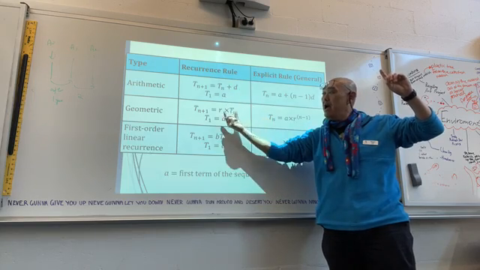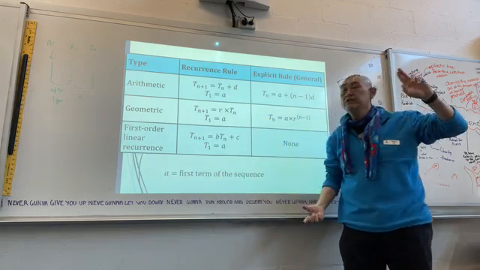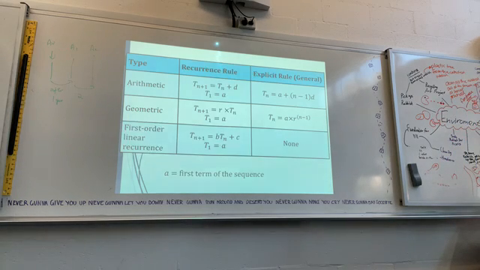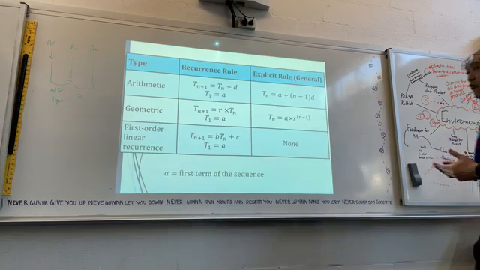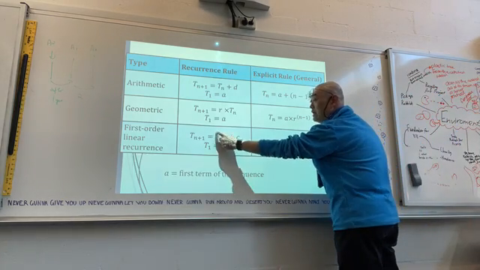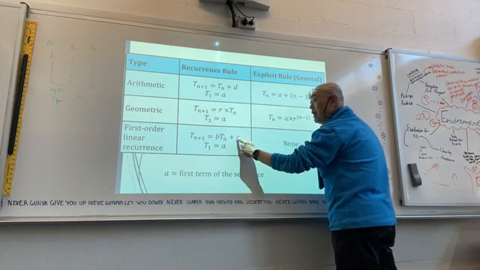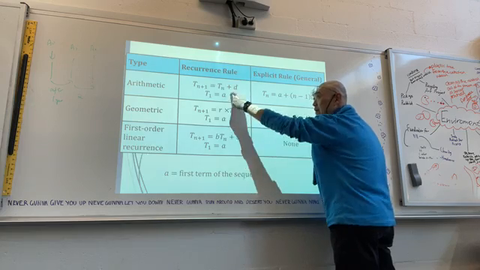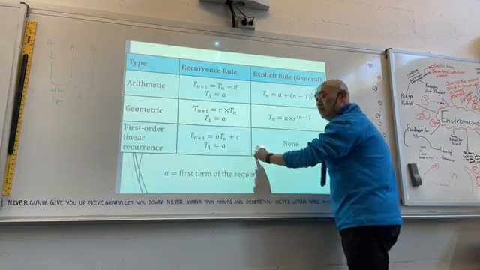Whereas the geometric sequence has the common ratio. First order recurrence is practically the combination of both. There's always a ratio plus the constant.